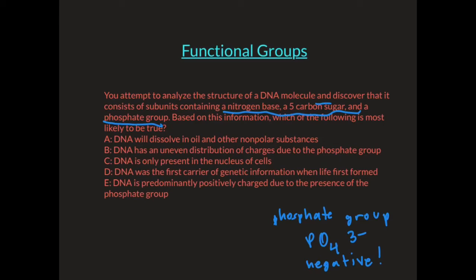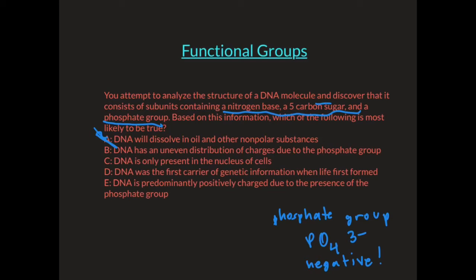If you remember, polar molecules have an uneven distribution of charge. If the nucleotide did have an even distribution of charge, it would be very stable and no part of the molecule would be excessively charged. However, because we have a phosphate group here that is negatively charged, we have an uneven distribution of charge and therefore the nucleotides must be polar. So we know A has to be wrong.